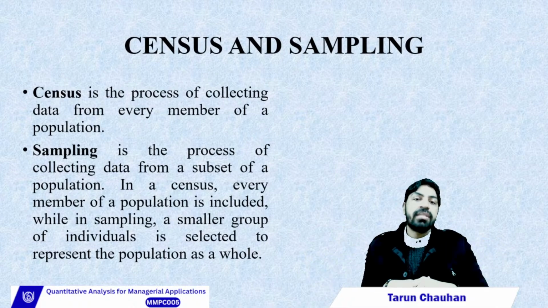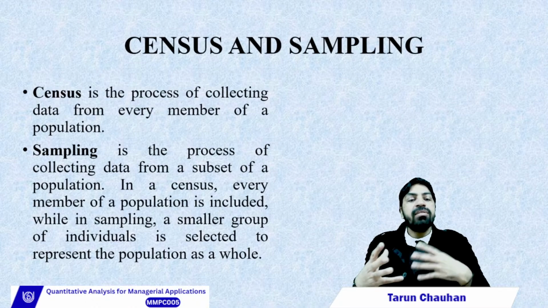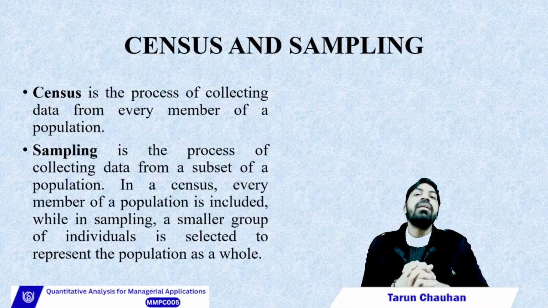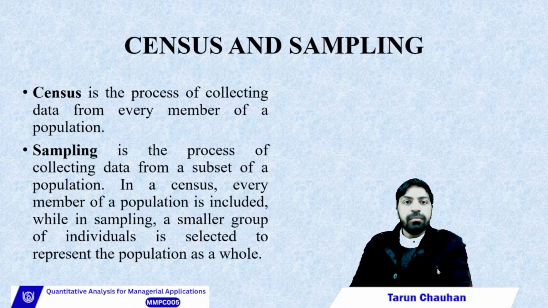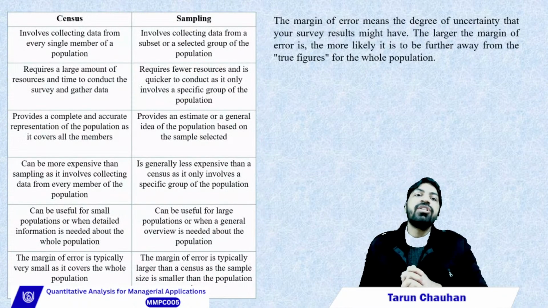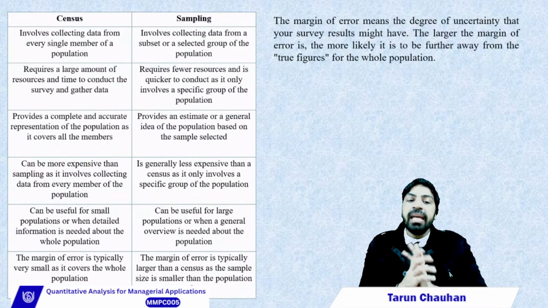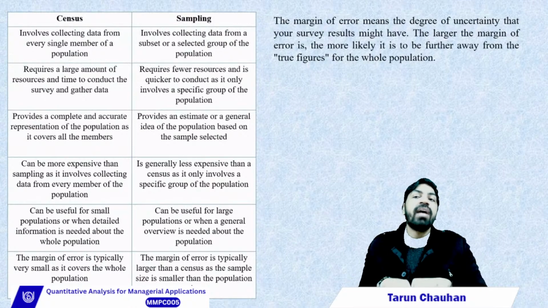This is also a basic difference between census and sampling. So this is how we distinguish between census and sampling, and the margin of error in each.